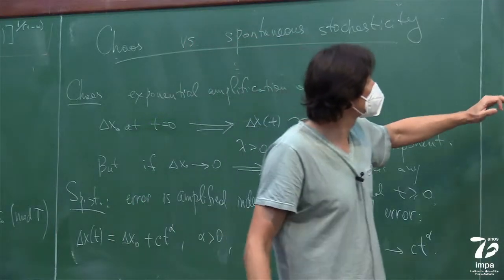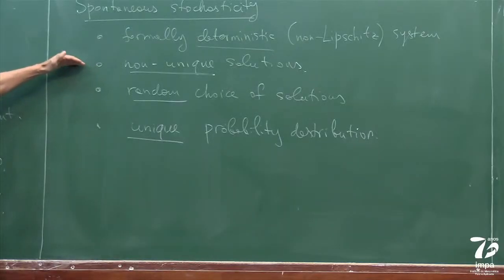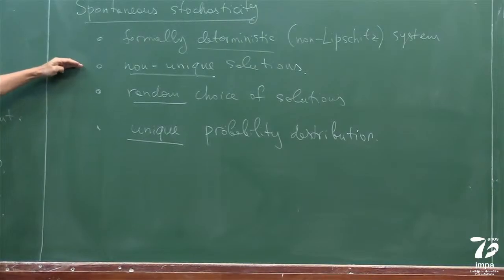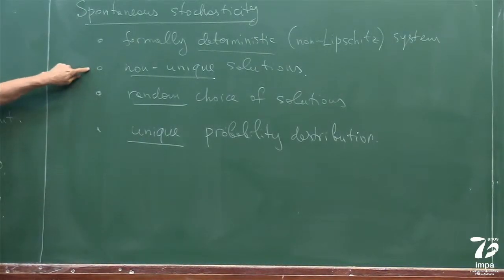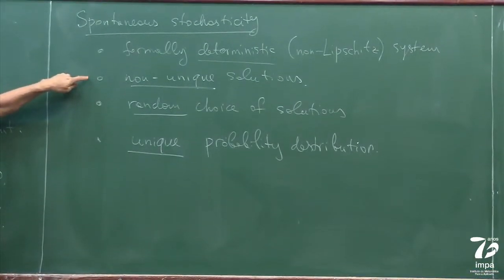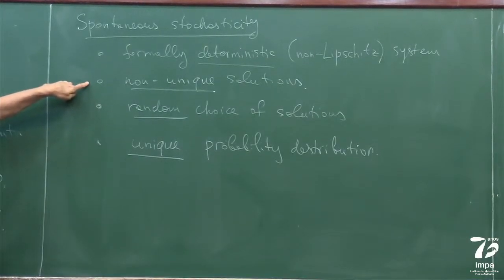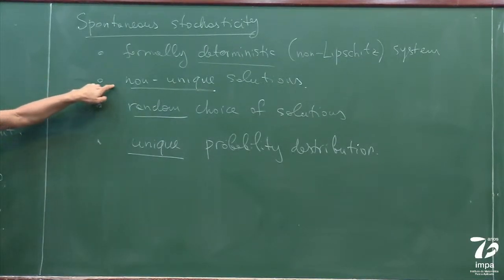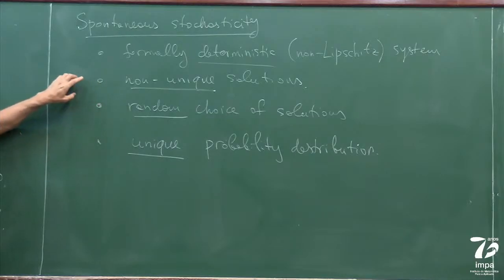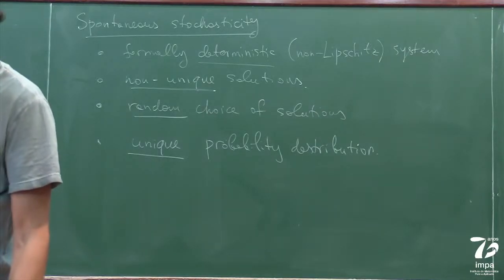At least it has a very strong non-uniqueness property. So at least in real fluid dynamics, this second point is really non-unique. We have very strong non-uniqueness, which can be shown rigorously. So it somehow supports this idea of spontaneous stochasticity already on a rigorous ground.